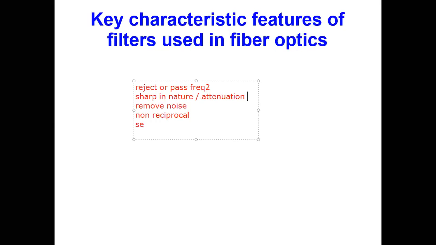This is something I am adding. Sharp means the pass band's slope, that attenuation slope, it has to be sharp, ideally 90 degree. When we design filters, first order, second order, third order, that slope, ideally we try to reach 90 degrees. So that is sharp. Selective can minimize reflections. Minimize reflection.